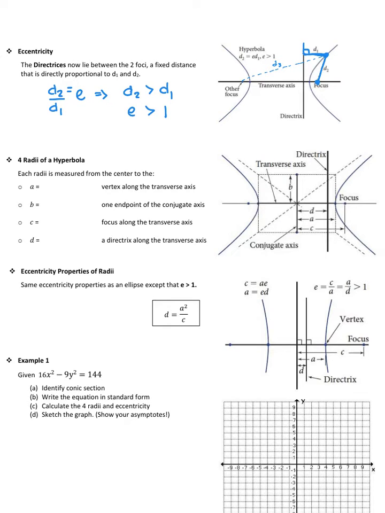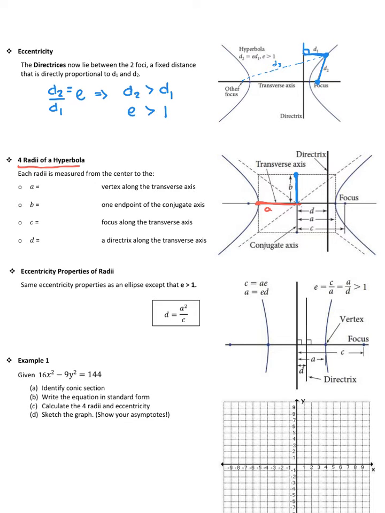Okay? And like an ellipse, you have 4 different radii that we can identify. A is always going to be that distance to your vertex. And again, you have 2 vertices, but I'll draw it over here. B is always going to be the distance on the conjugate axis, which is only used to draw your box.